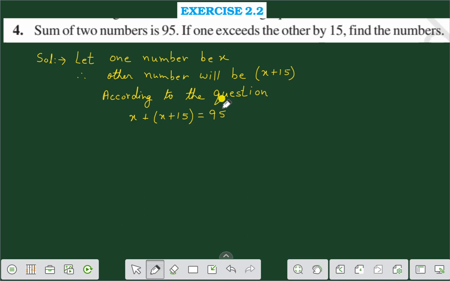Right? And here you see that x plus x is 2x. So 2x plus 15 is equal to 95.